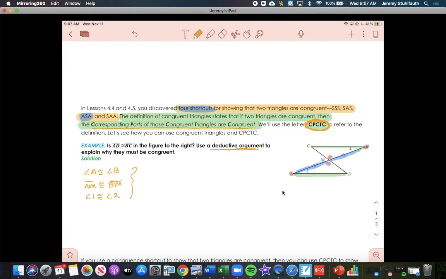So what we can say is by angle side angle, triangle AMD is congruent to triangle BMC. And again, you want to make sure that your corresponding letters are in the correct order. So since triangle AMD is congruent to triangle BMC, that means that corresponding parts of those congruent triangles are congruent.